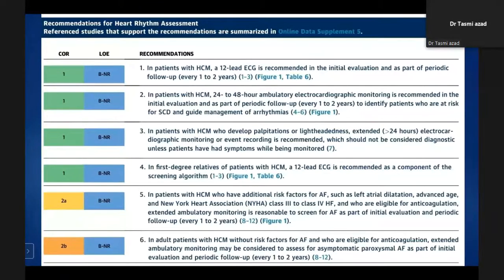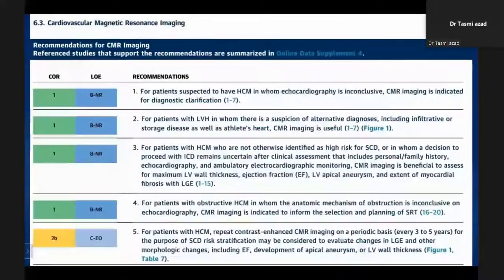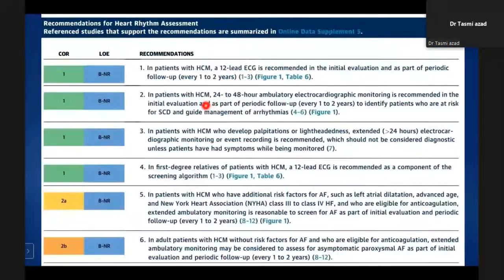One point I would like to mention is that non-sustained ventricular tachycardia episodes may happen in hypertrophic cardiomyopathy, and can be detected by continuous ambulatory ECG monitoring over 24 to 48 hours. This is helpful for diagnosis in those at risk of sudden cardiac death, so they give a class 1 indication here. Also, for screening purposes we recommend two investigation modalities, ECG and echo, and they give a class 1 indication here too.